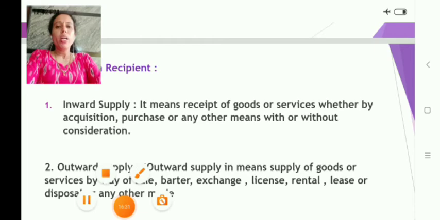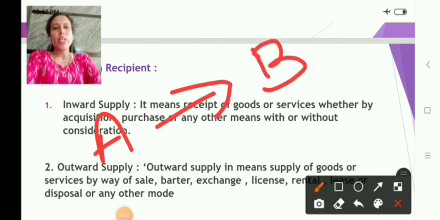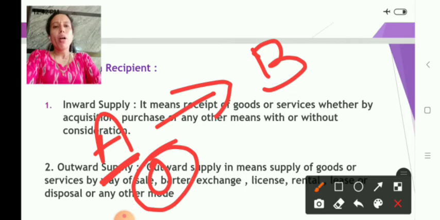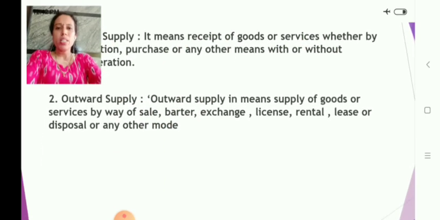For example, if goods are supplied by A to B, for A it is outward supply, and for B it is inward supply, because B receives the goods and A supplies the goods.